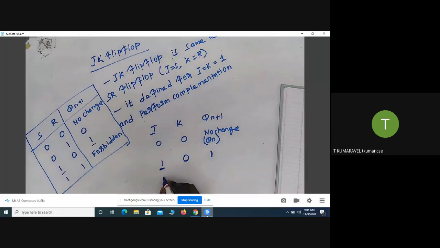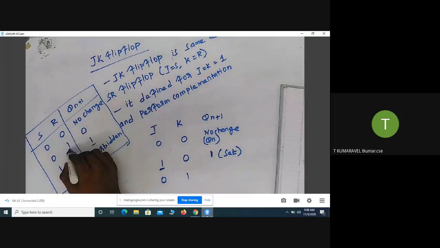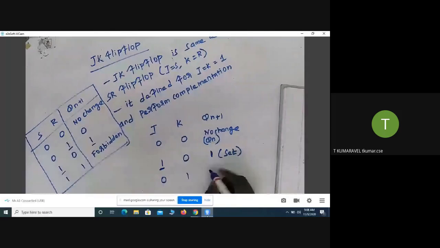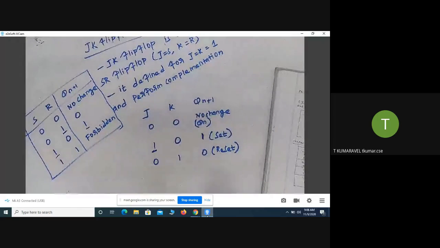Similarly, for 0 1, otherwise called the reset state, if K is equal to 1, look at the SR table: R equal to 1 gives the output value 0. Next, what they define is the input combination 1 1.